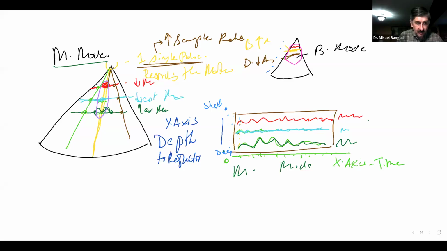Okay. So that line that you may see across your B mode image is going to be that single pulse that is going to check on the motion of the structures along the course of that pulse.